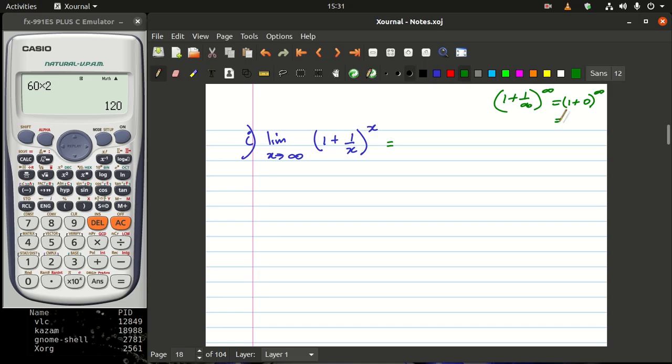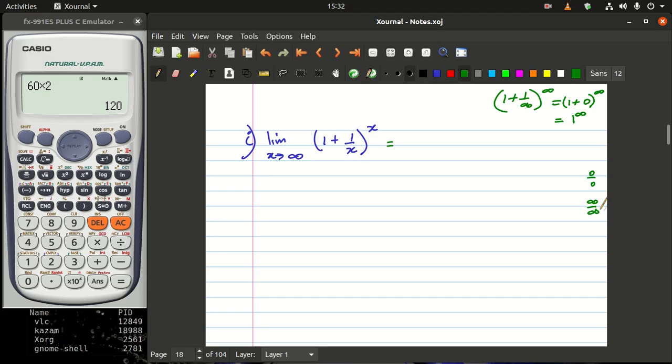So this whole thing now, I am getting 1 raised to infinity, and we said that 1 raised to infinity is an indeterminate form. So we are actually not getting a 0 over 0 here, and we are not getting infinity over infinity. So what are we going to do?